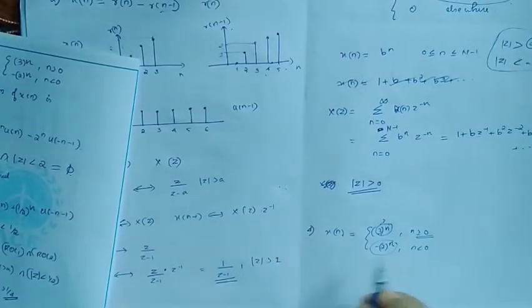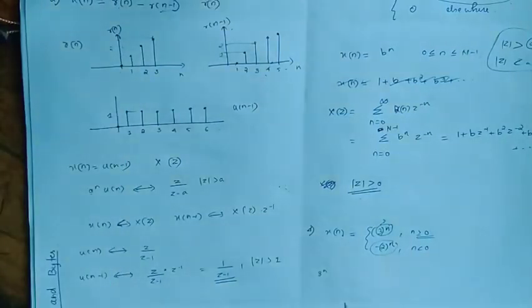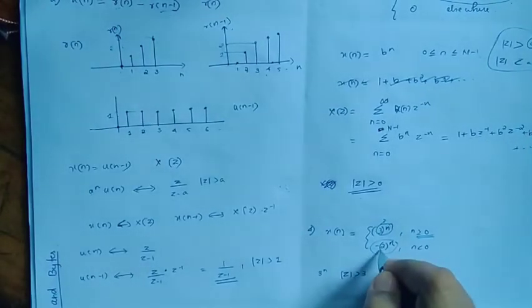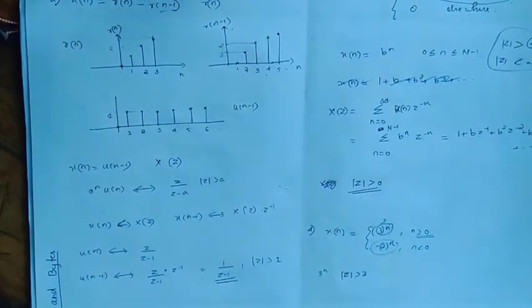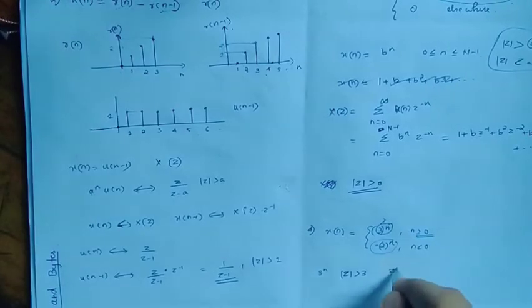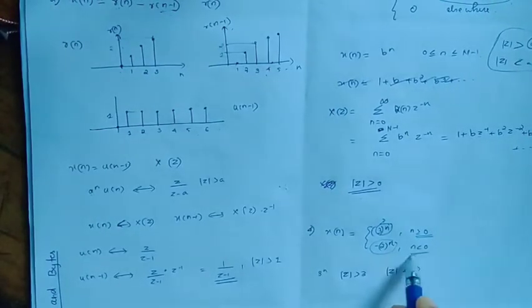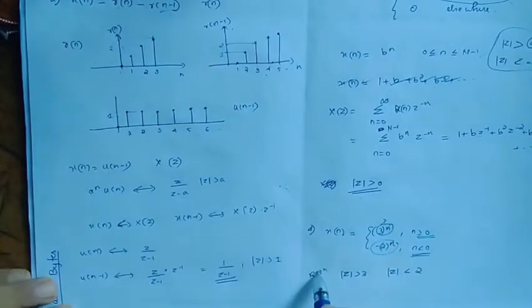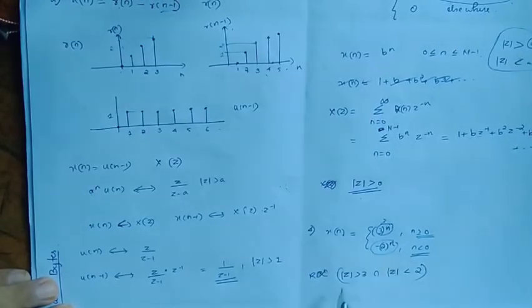If I write the ROC of 3 raised to n, it will be z greater than 3. And the ROC of 2 raised to n will be z less than 2, because it is a left-handed signal, since n less than 0 is on the left-hand side. So the total ROC is the intersection of z greater than 3 and z less than 2.